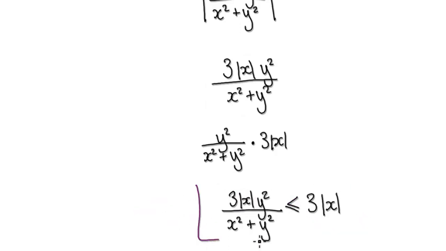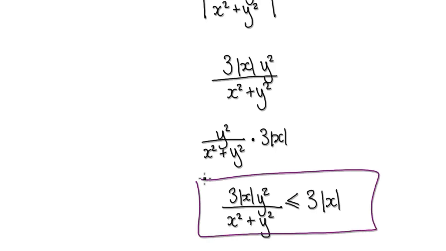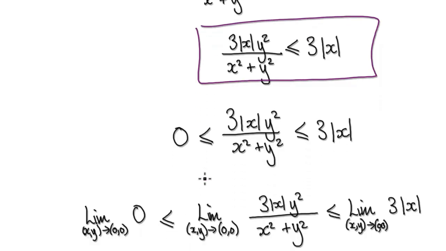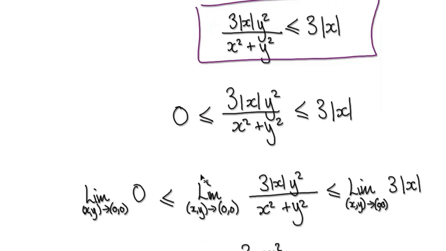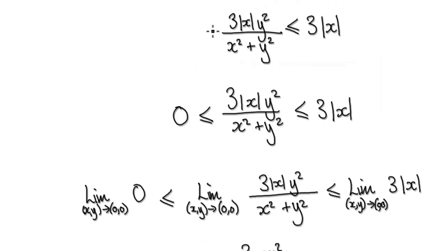So we are currently at this stage here, and then looking at this, hang on, and then looking at this thing here. This is always positive, this is always positive, this is always positive. The number 3 is a positive number, and then absolute value of x is always positive.